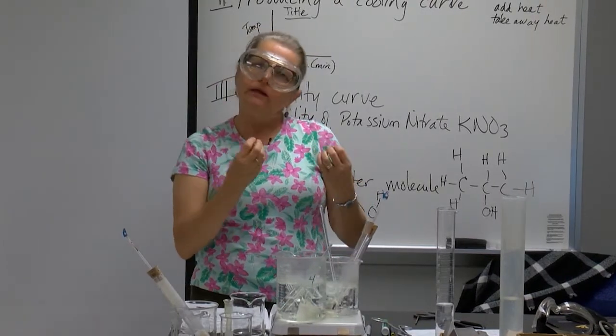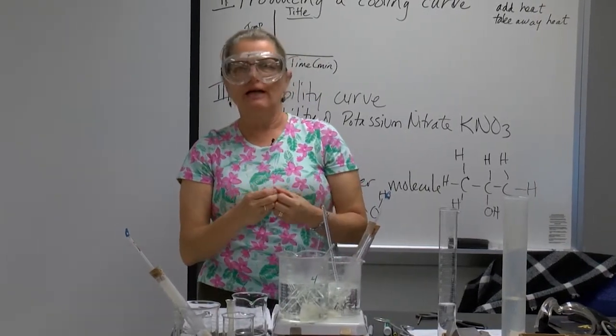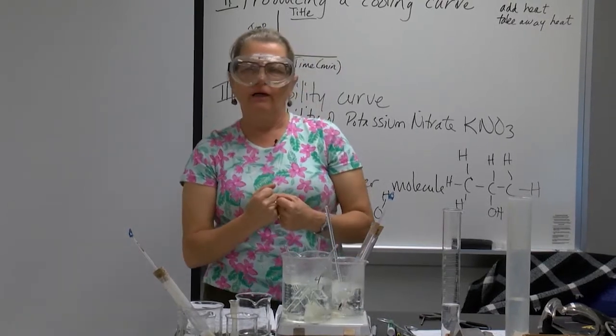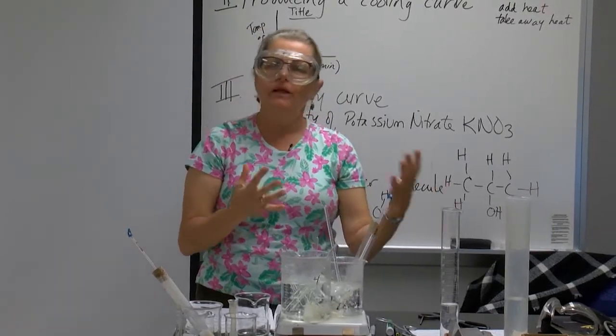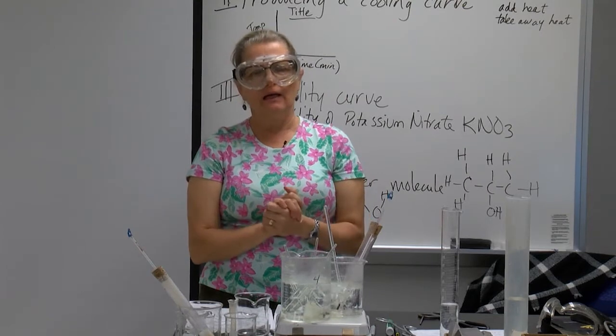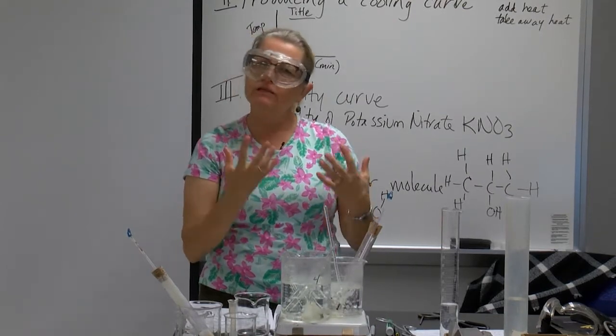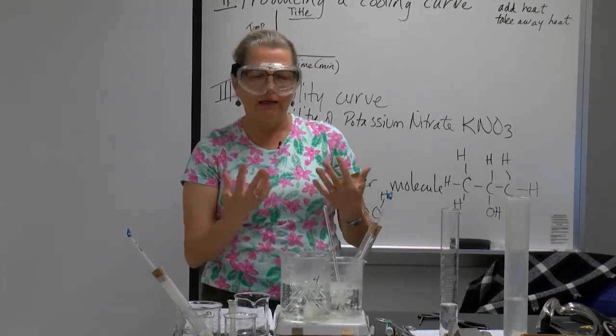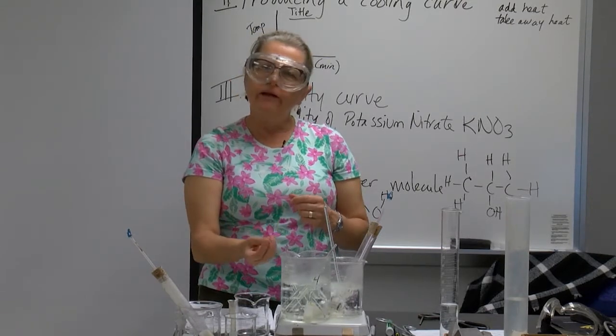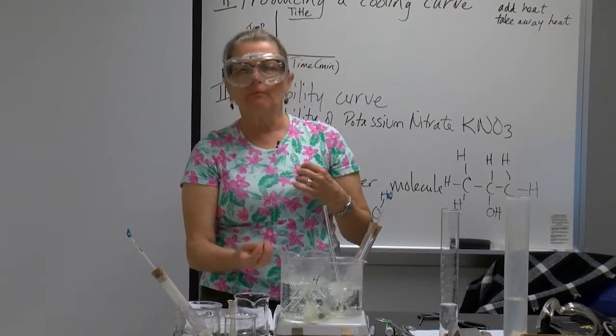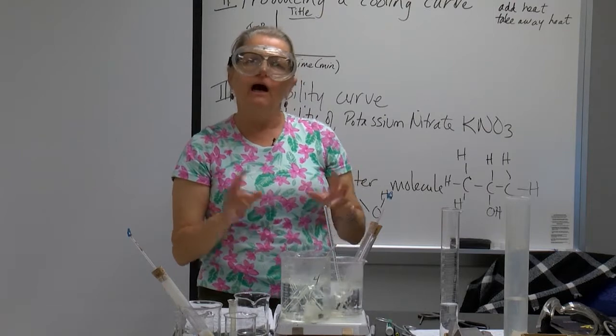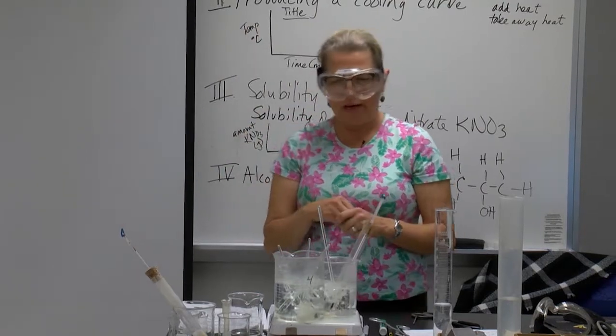Like lead has a particular density. It's very dense, whereas aluminum has less of a density. And we can look at things like color, boiling point, melting point, freezing point.